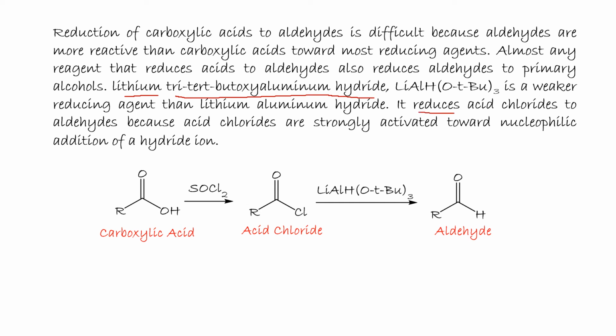It reduces acid chloride to aldehydes because acid chlorides are strongly activated toward nucleophilic addition of hydrides. So carboxylic acid with thionyl chloride to acid chloride, then we can reduce acid chloride to aldehyde using lithium tri-tert-butoxy aluminum hydride.